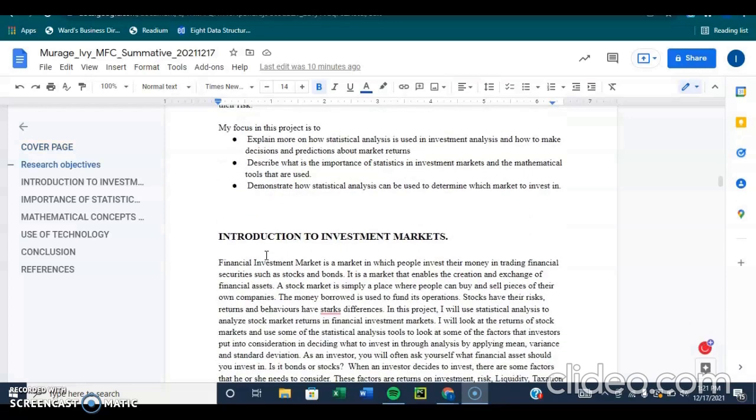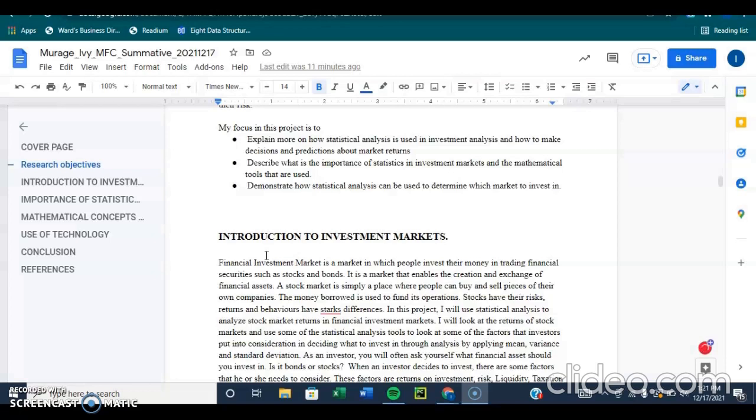I'm going to do an introduction of financial markets, so I need you to get an understanding of what this is. Maybe you've heard it in the news or heard people talk about it, but you're not really sure what it is. A financial market is a market in which people invest their money in trading financial securities such as stocks and bonds.